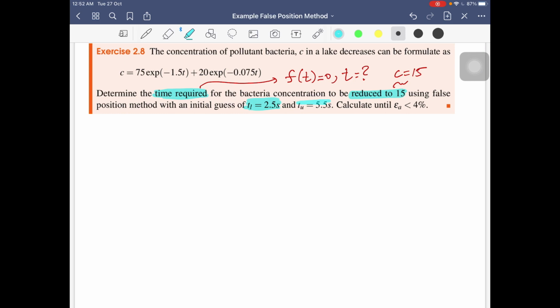And then how many times do we need to perform our calculation? We must check based on the given prescribed tolerance here. Okay, so let's discuss the solution.